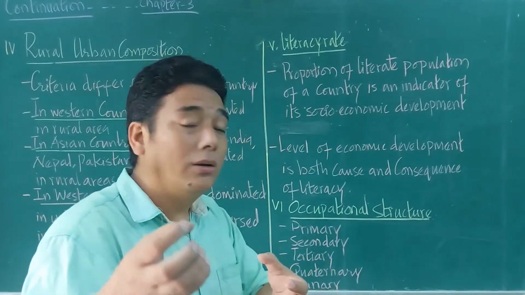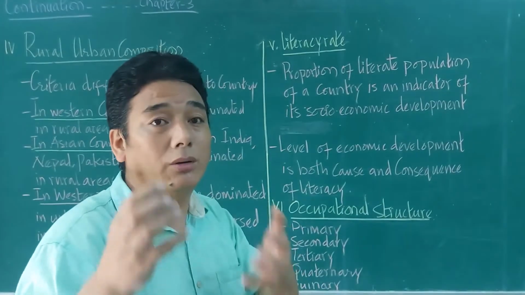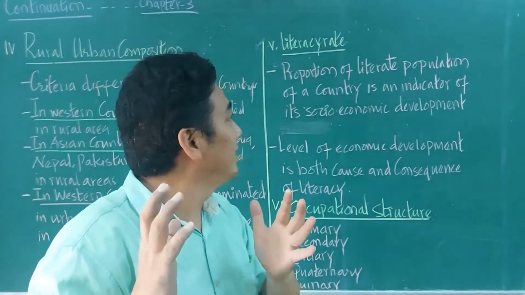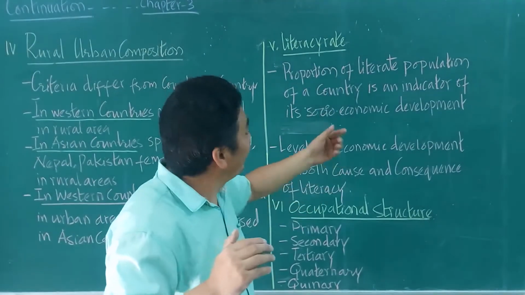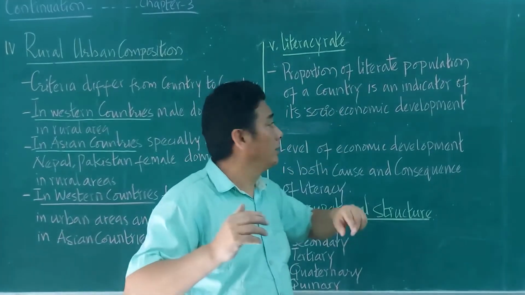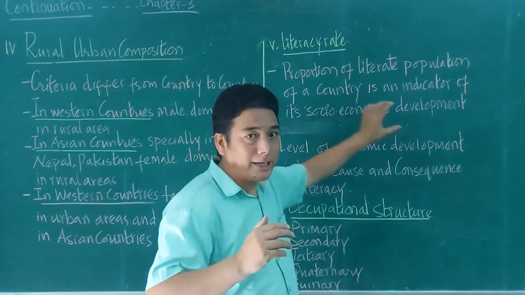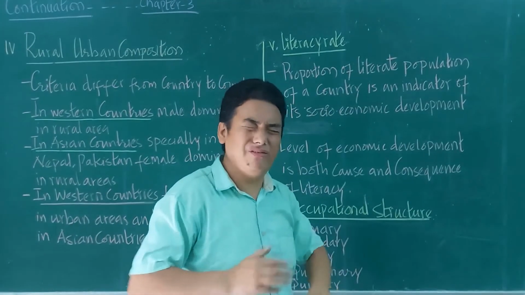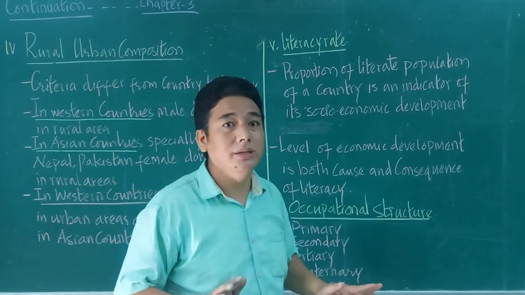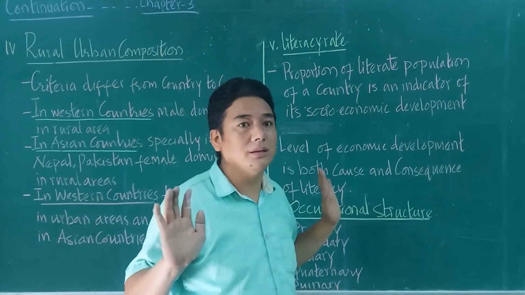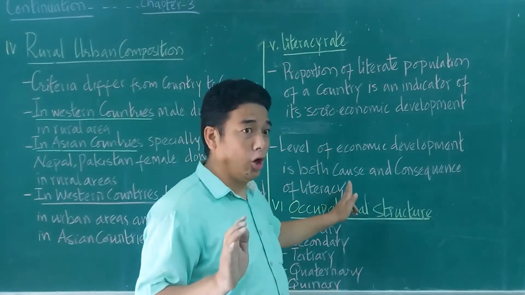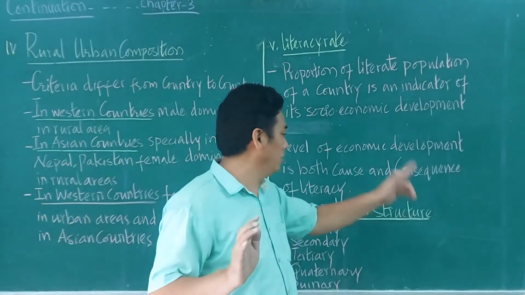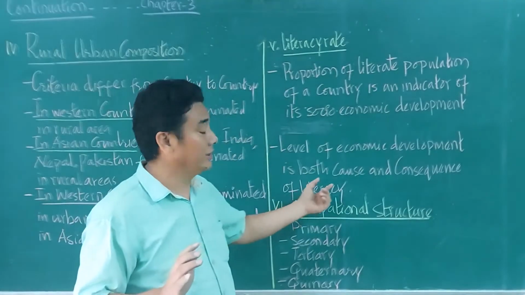So what you have to understand is that literacy plays an important role in the socio-economic development, social development and economic development, of any region, any country. That is the main indicator. The level of economic development is both cause and consequence of literacy.